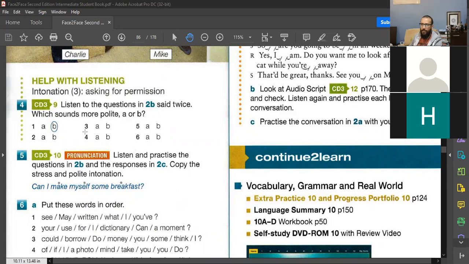What do you think? B, maybe. Yes, B is actually more polite. Because in A, like, shout. Yes. Correct. In A, the person is actually shouting. You're right. Okay, let's listen to number 3.